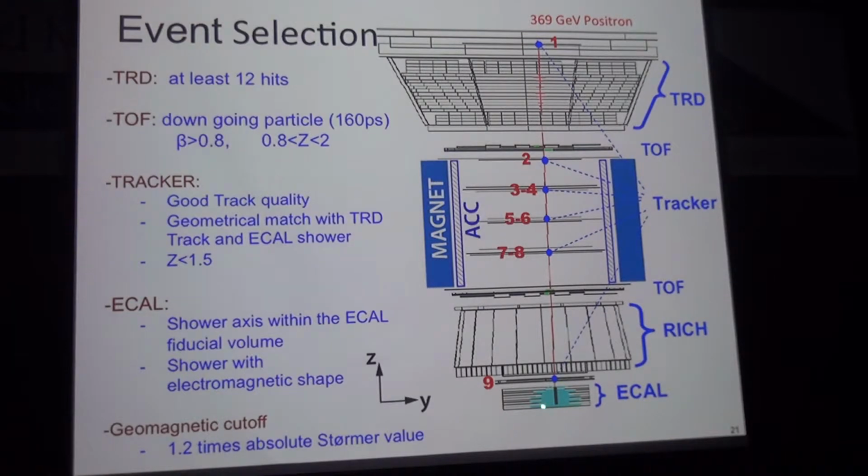We require the ECAL calorimeter to give a signal in agreement with an electromagnetic shower. And finally, time of flight has to give us a particle direction that's going downwards.